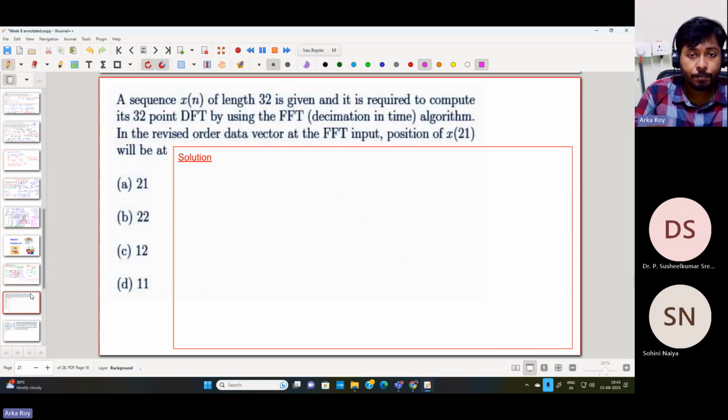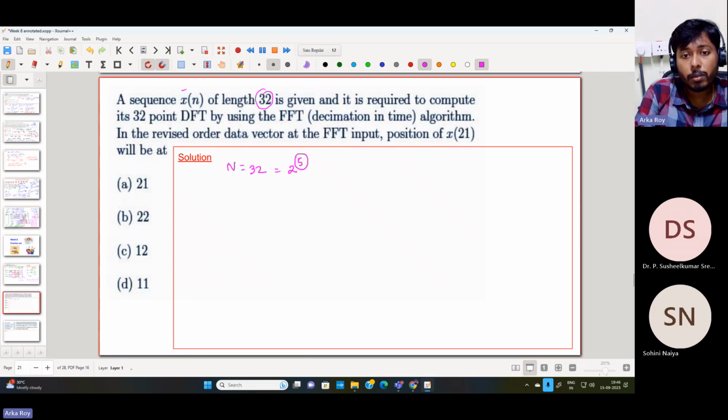Okay. After that, over here, a question is given: a sequence x[n] of length 32. That means N is 32, which I can write as 2 to the power 5. That means we need to represent the bits using a 5-bit representation.